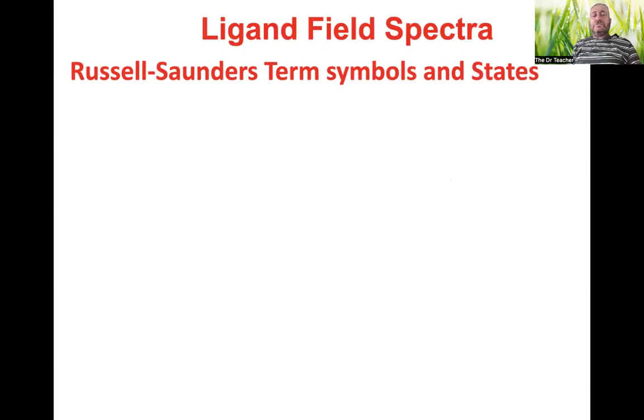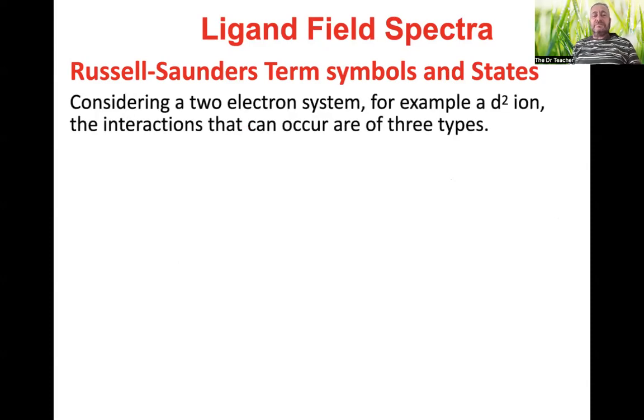So ligand field spectra introduce Russell-Saunders term symbols and term states. Term symbol, term states. If you consider a two-electron system, for example a d2 ion, the interactions that can occur are of three types.